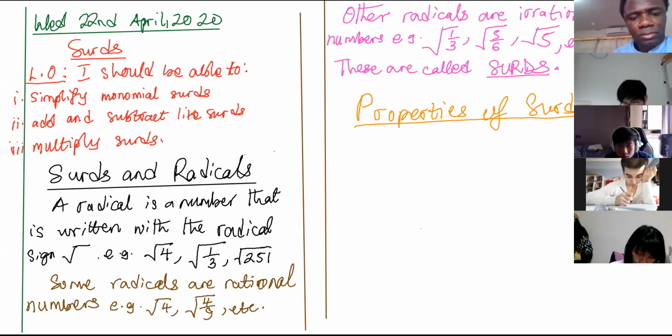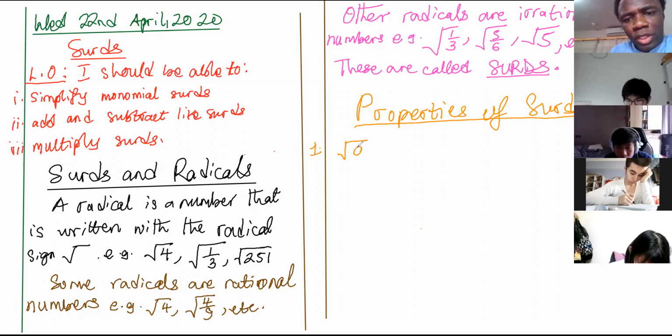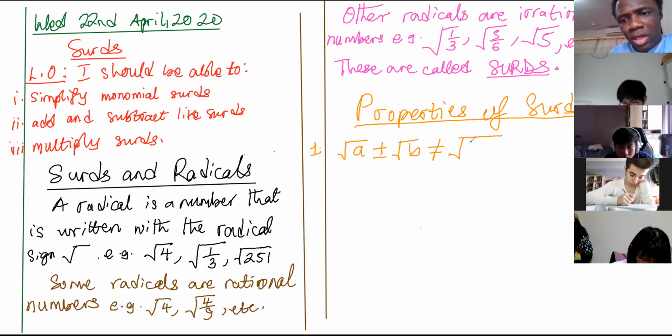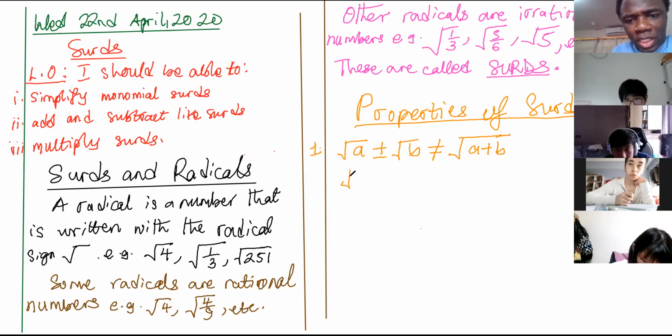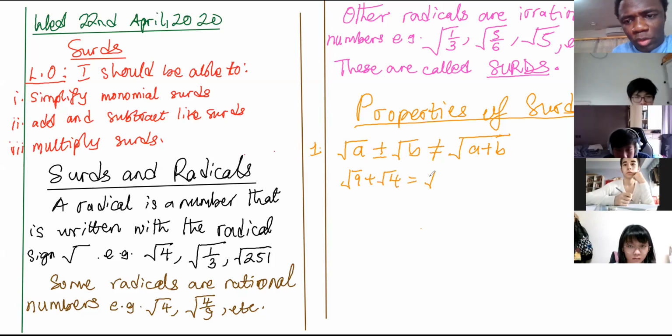Okay. So the first property we want to talk about is that the square root of A, either plus or minus the square root of B, is not the same as combining them under the same surd. So don't be tempted to say that the square root of 9 plus the square root of 4 is the square root of 13.